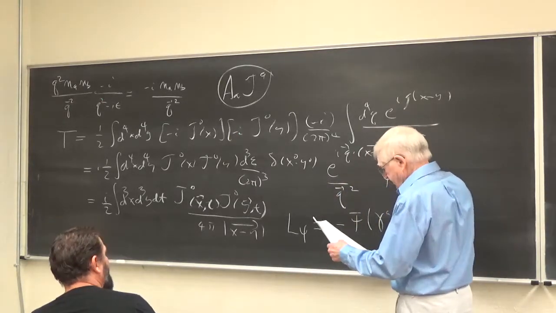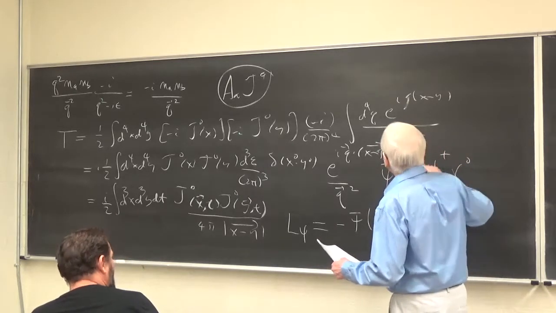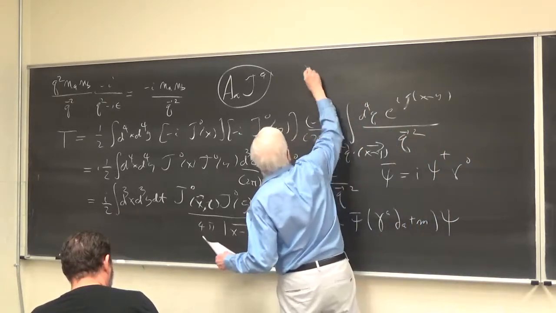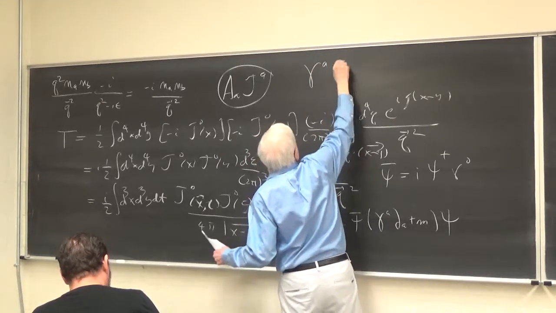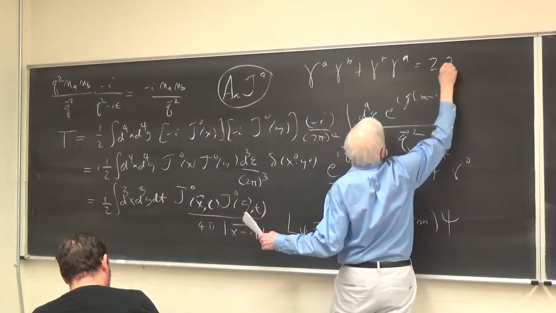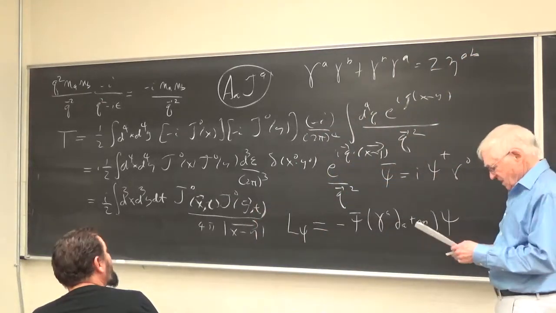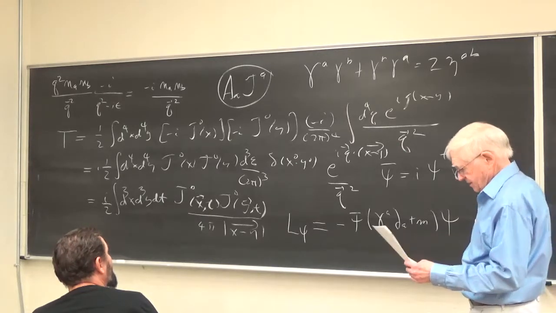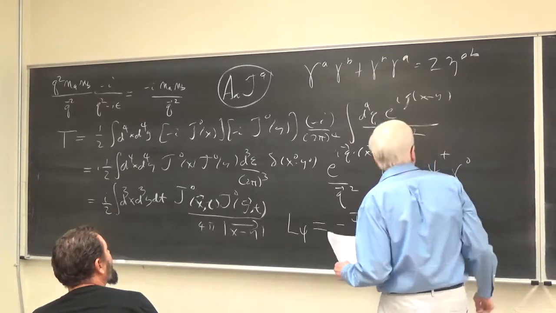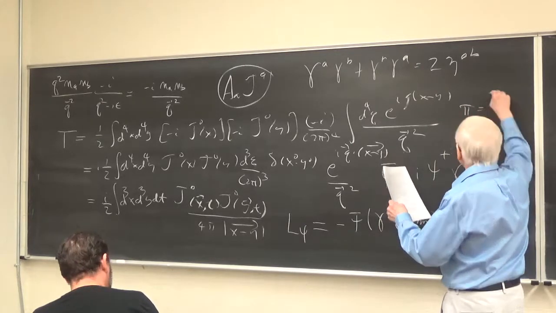Psi bar, remember, is psi dagger gamma 0. And I guess you remember that gamma A, gamma B plus gamma B, gamma A is 2 eta AB.